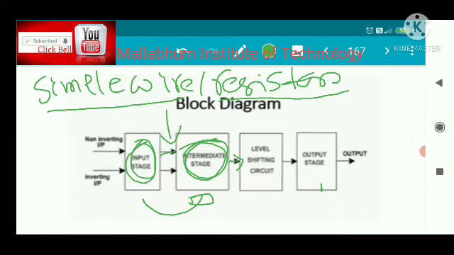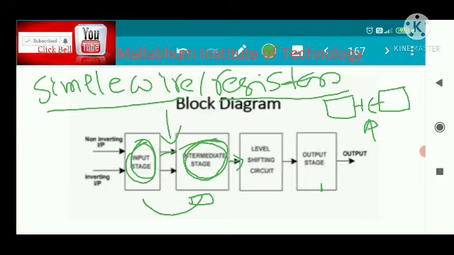All of you know that if this is one amplifier stage and this is the second amplifier stage, generally we connect a capacitor. This is called the coupling capacitor between these two, to block the DC from passing from the first stage to the second stage. That is the function of this coupling capacitor.